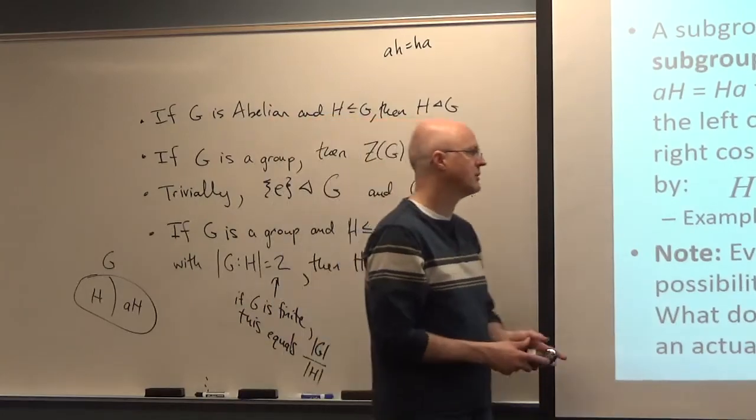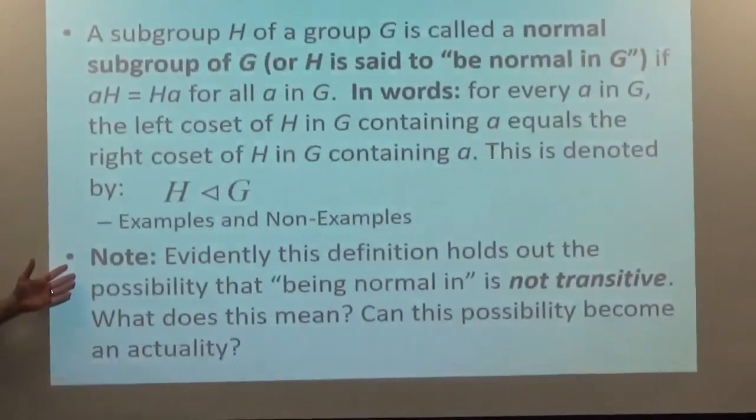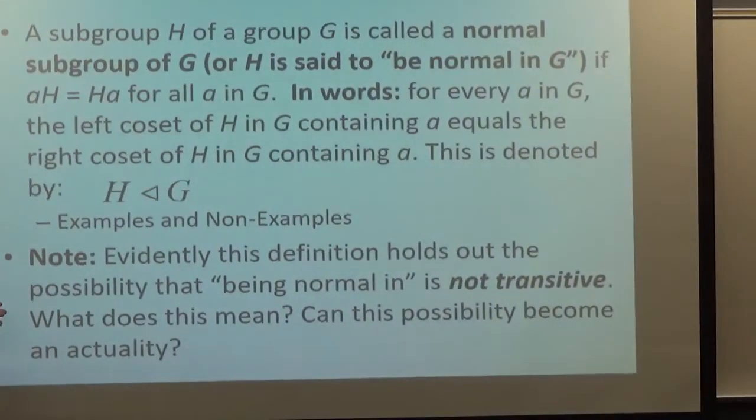Again, I point out this note. We'll come back to this maybe next time. Evidently, this definition holds out the possibility that being normal is not transitive.